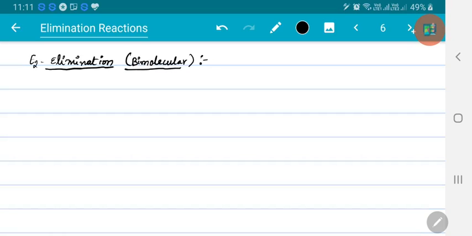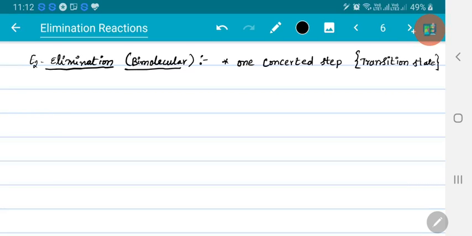They are always in competition with SN2. So like SN2, they also occur in one step, or we call it one concerted step mechanism. The reaction occurs through a transition state only. There is no intermediate formation, similar to SN2. So they are always in competition with the SN2 reaction.